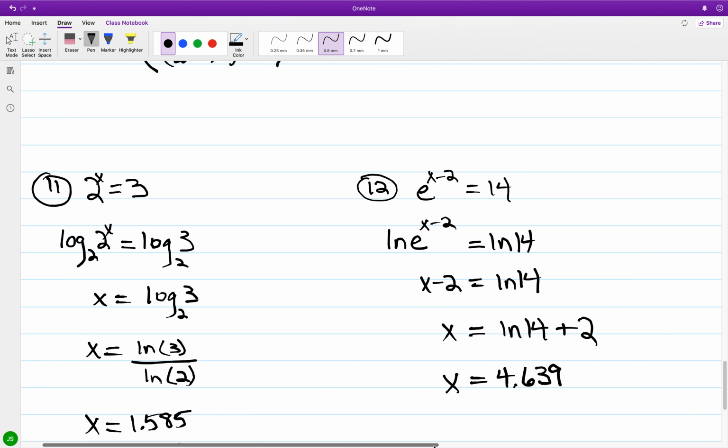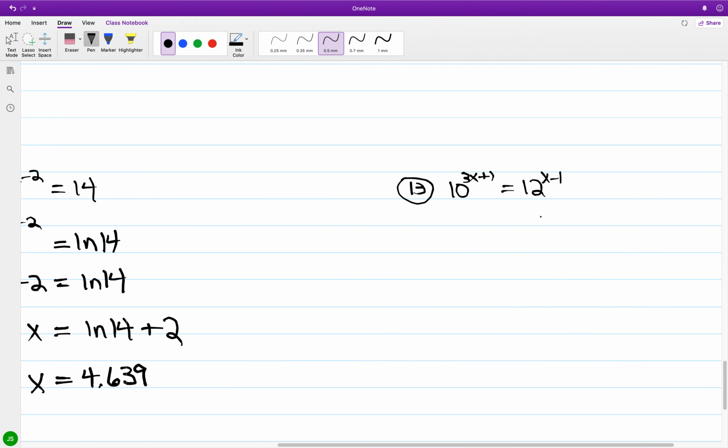And for the last problem, we have x on both sides of the equation: 10 to the 3x plus 1 is equal to 12 to the x minus 1. Now I can apply either natural or base 10 logarithms, and we'll go with base 10 logarithm. This will take care of the exponential base 10, so the left-hand side becomes 3x plus 1.